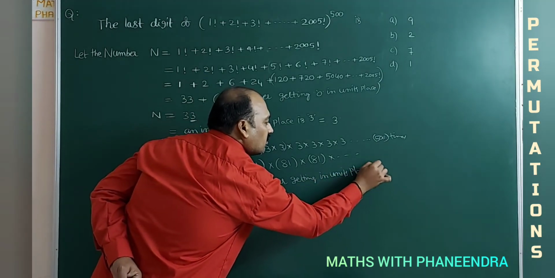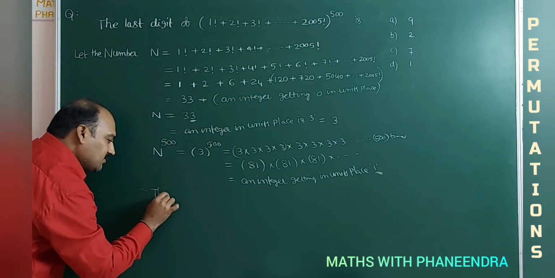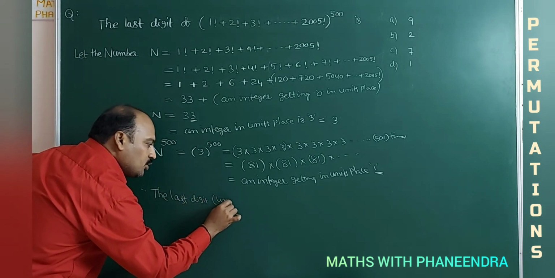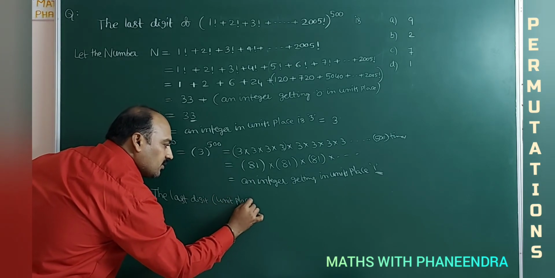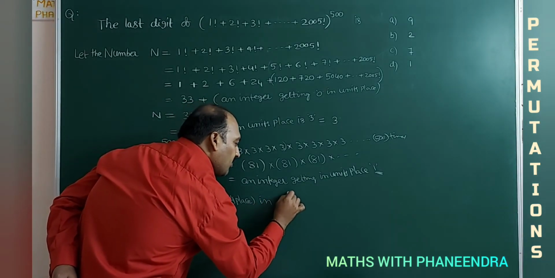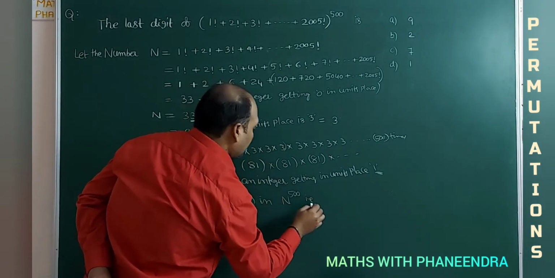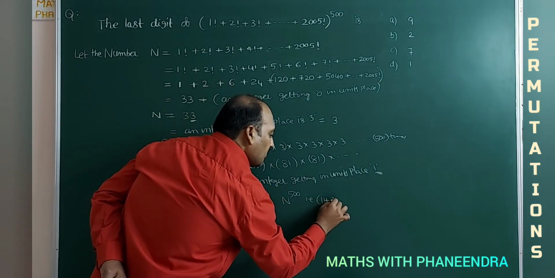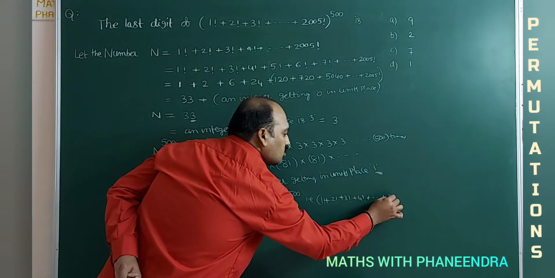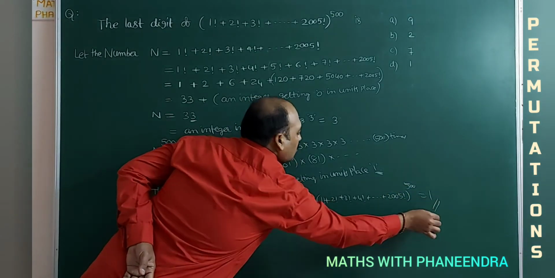Therefore the last digit, the units place in N power 500, that is (1 factorial plus 2 factorial plus 3 factorial plus 4 factorial plus and so on up to 2005 factorial) whole power 500, is equal to 1.